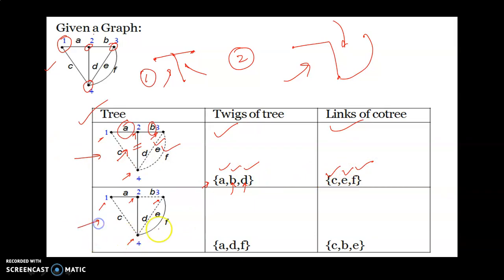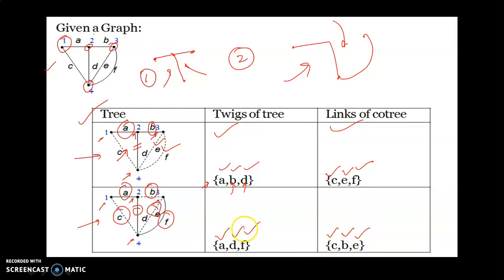And in the second tree, the twigs are A, B, F, and the remaining portions that would otherwise make it a complete graph are C, D, E.